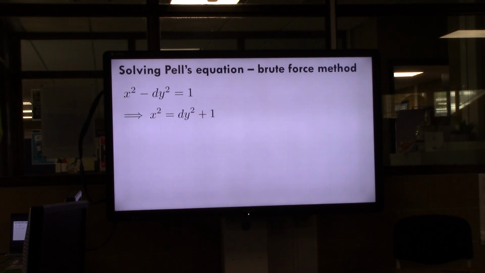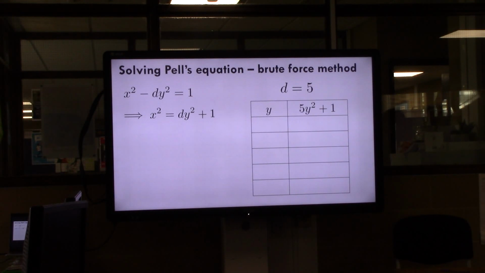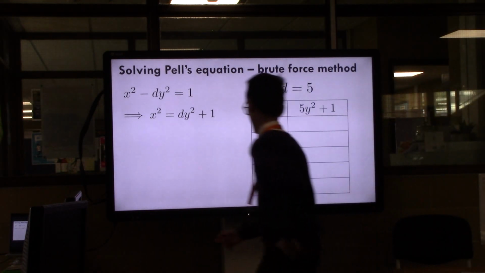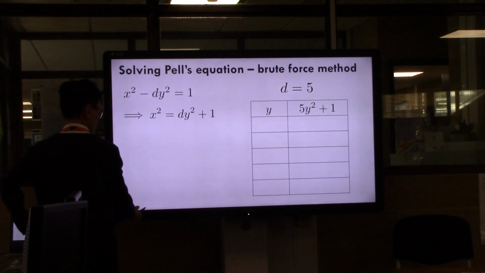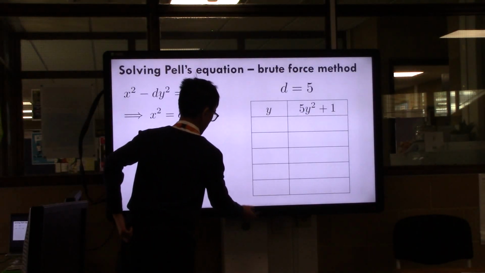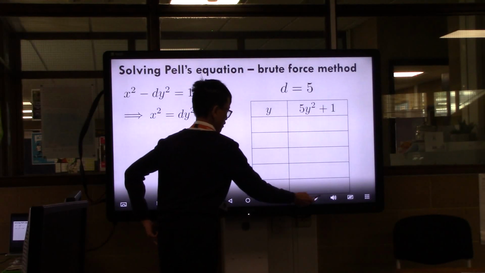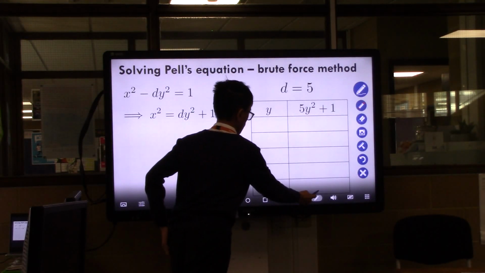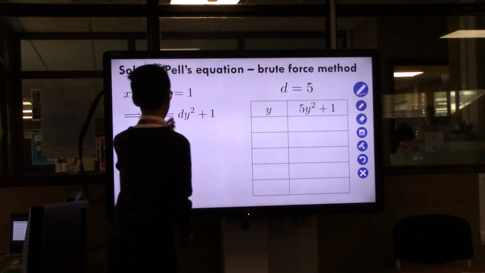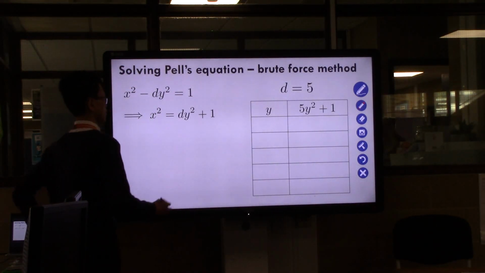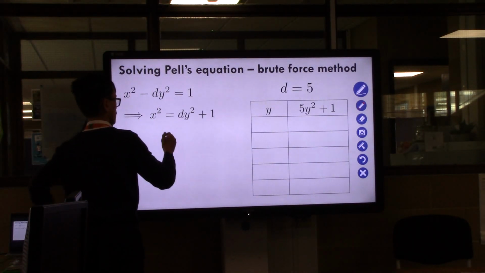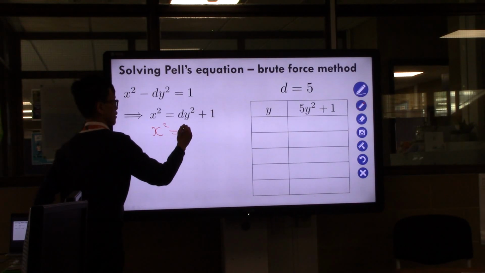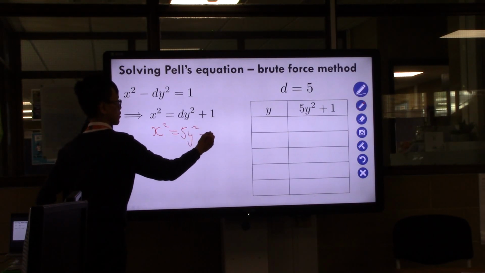So we can make this easier for ourselves by rearranging like this. And we can do an example where d equals 5. Okay, if d equals 5, our equation is x squared equals 5y squared plus 1.